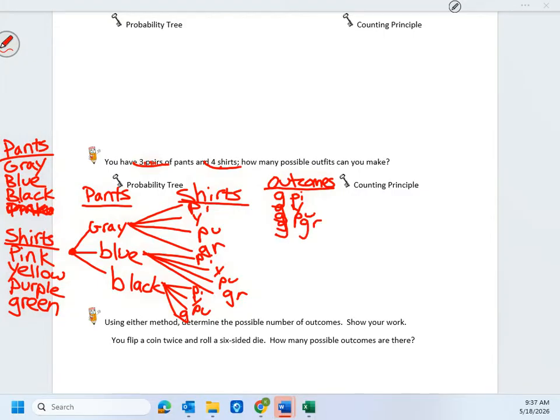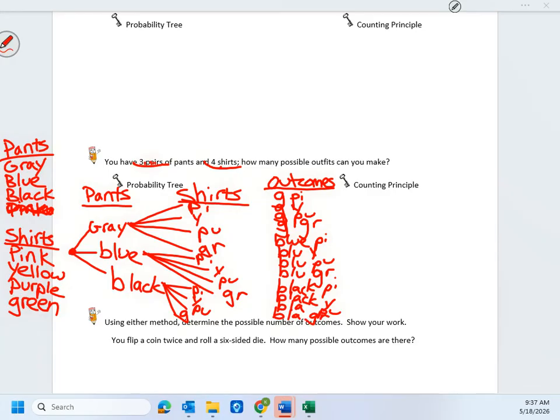We could have blue and pink, blue and yellow, blue and purple, blue and green. We could have black and pink, black and yellow, black and purple, black and green.